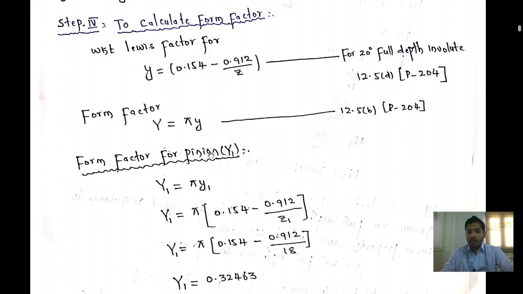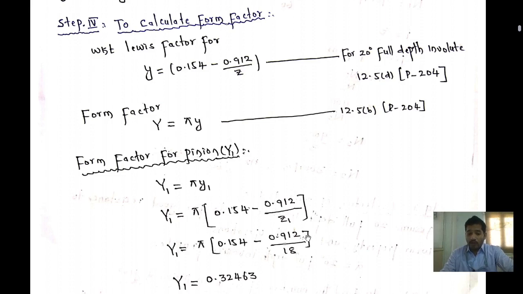So the form factor for the pinion is Y1 equal to pi y1. Instead of y1 we represent the above value, 0.154 minus 0.912 by Z1. This Z1 is the number of teeth on the pinion, which we already found from the table, 18. Is it fine?